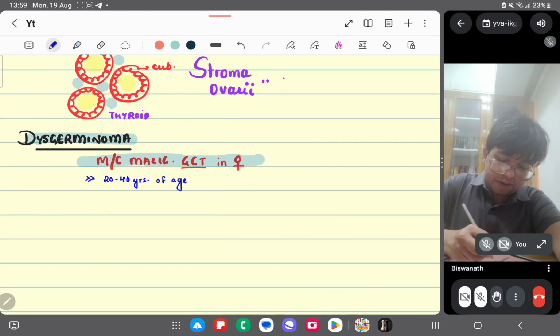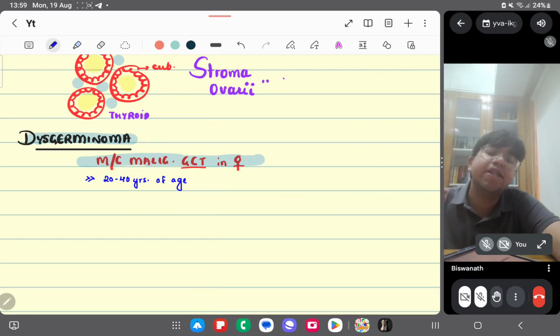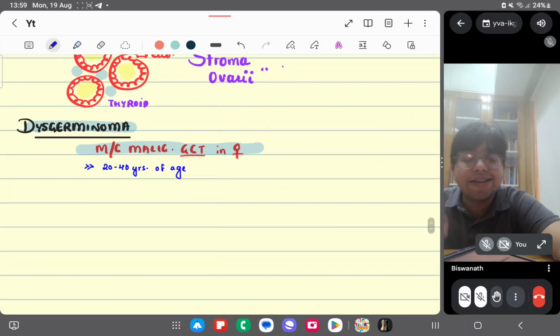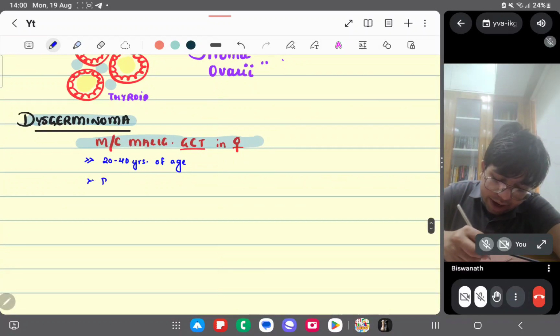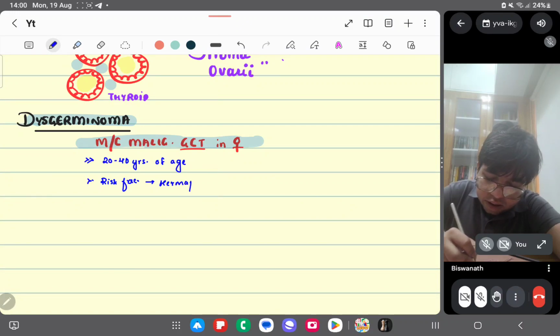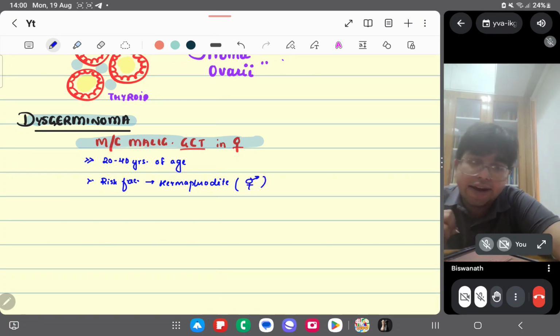They present at 20 to 40 years of age, and a person with gonadal dysgenesis or a hermaphrodite has a high risk of dysgerminoma. So write risk factor: hermaphrodite, gonadal dysgenesis, as high risk factors.